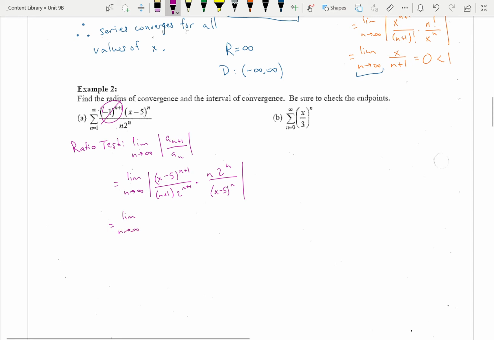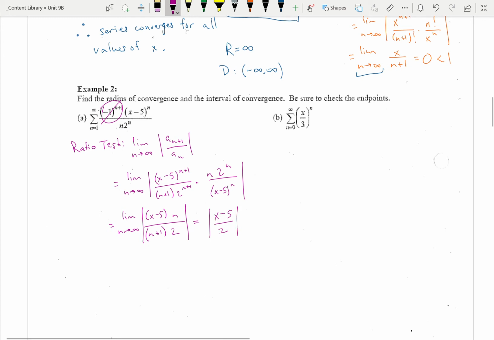When we reduce what we can, we've got an x minus 5 on the top, we've got an n on the top, we've got an n plus 1 on the bottom, and we've got a 2 on the bottom. Now again, x is not a variable in this limit. n is the only thing that's happening here. So we can actually, if this helps, factor out the x minus 5 over 2.